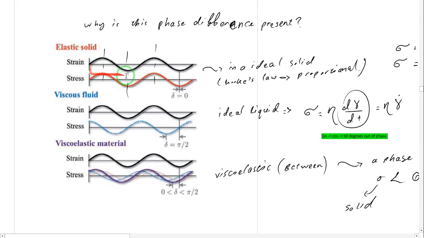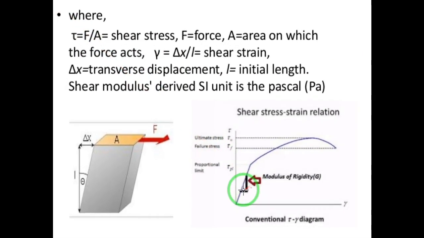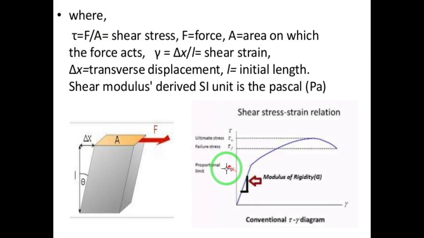In the first case, just consider a solid. When we have a solid, if you remember, the ratio was linear. Let me show you again. Here I mean the ratio between the stress that was applied and the strain which was obtained was linear.